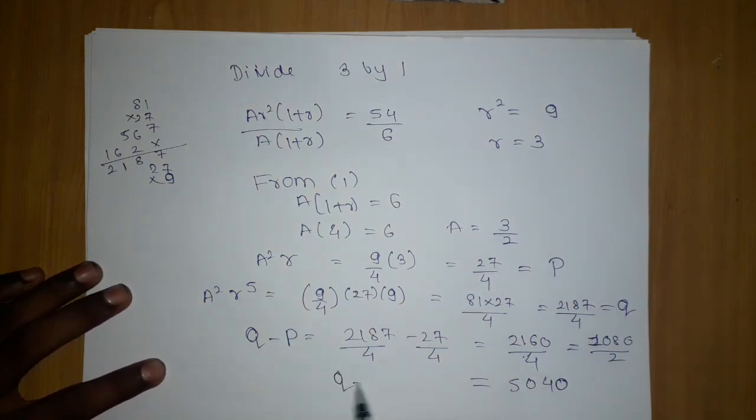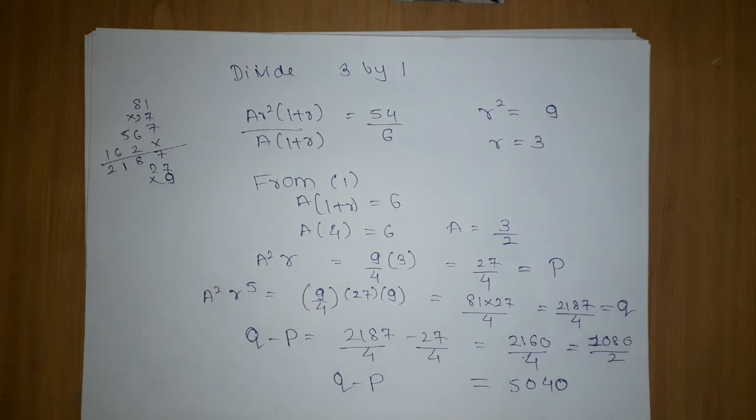So we got the q minus p value, which is this. No, it is 504. Okay, so we are done with this thing. Let's move on to the next question.